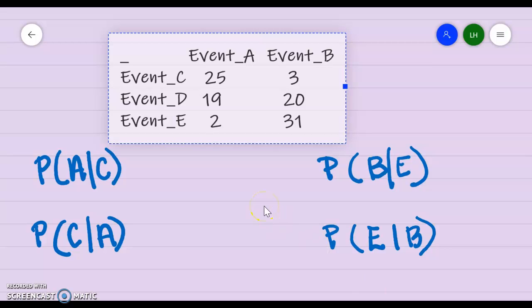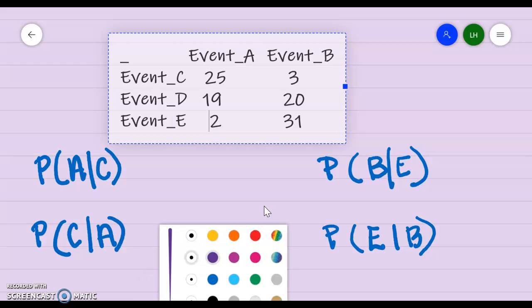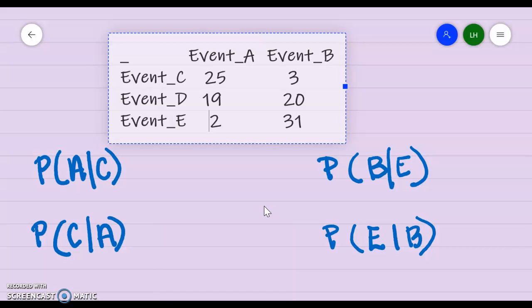So first you want to figure out the total number of times that event C could occur. We look at event C here, and it occurred 25 plus 3 times, so that would be 28. Now that is your denominator, because you have to just look at event C in this situation.